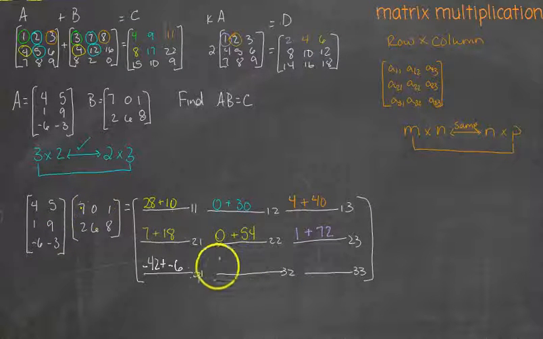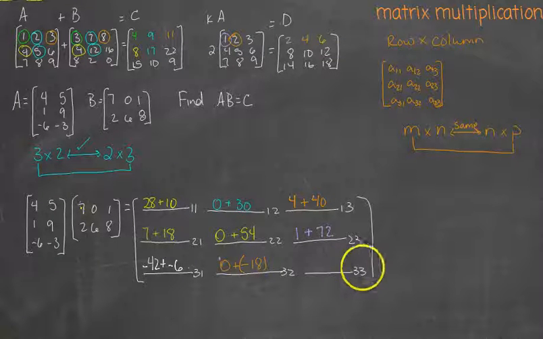Negative 6 times 0, 0, plus negative 3 times 6, negative 18. And last but not least, third row, third column. Negative 6 times 1 plus negative 3 times 8, negative 24.